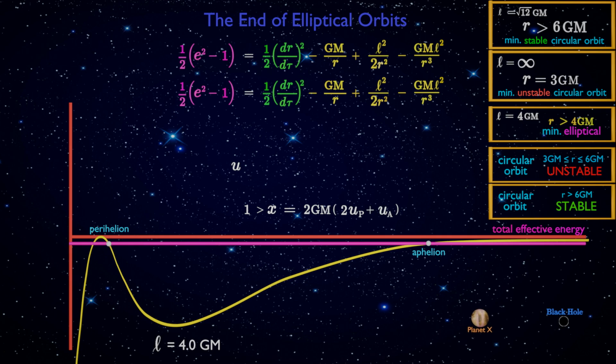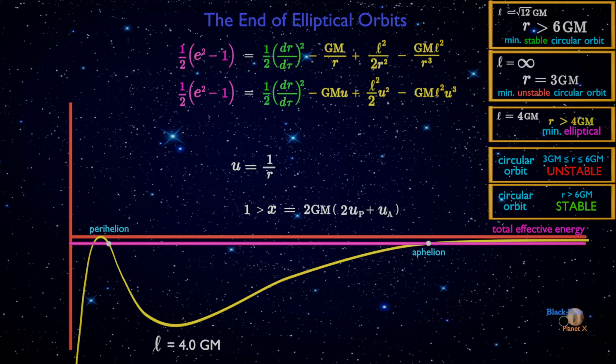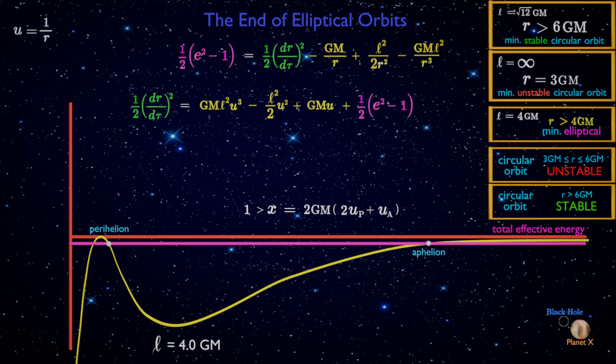Remember that u was defined in the previous video as 1 over r, so let's make that substitution. And now let's solve for the kinetic energy term, 1/2 (dr/dτ) squared. And now let's factor out the cubic's leading coefficient, GML squared.